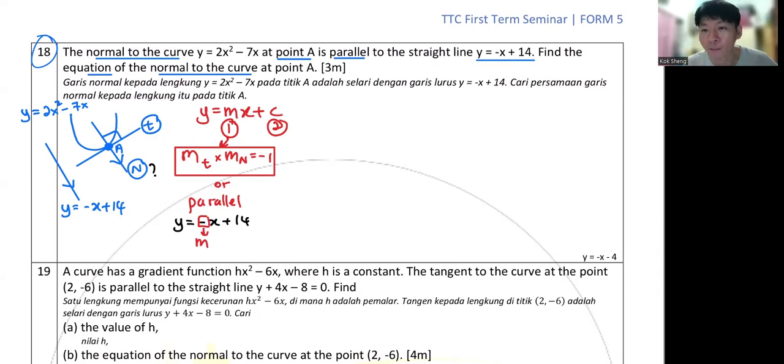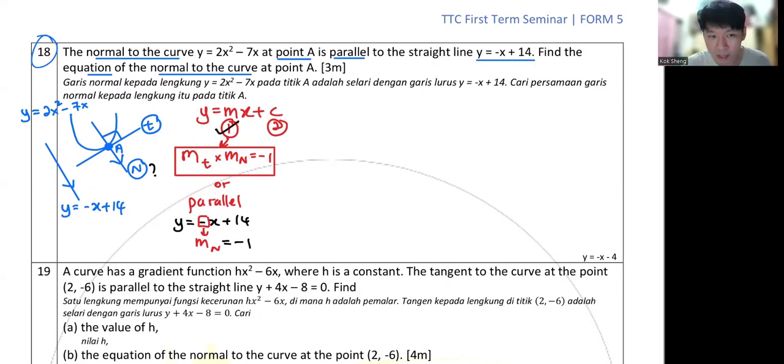And this will be the gradient of normal. So far, okay. But normally we go for the 90 degree, normally we go for the perpendicular. But now this question here is very good. You can get the gradient straight away. So the first part, okay, this one done.